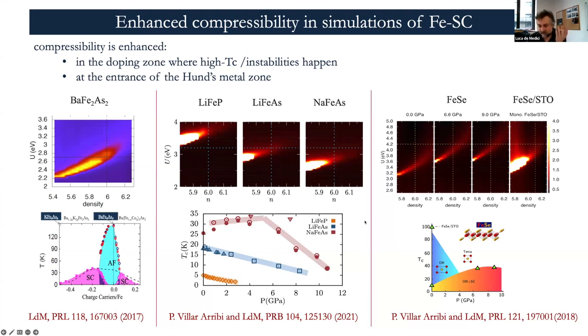And there are several ways to correlate charge instability and the frustration of a phase separation, as we know from cuprates, to the insurgence of Tc, or at least helping the Tc, as it might be the case for iron selenium or the monolayer of it, in which the boost can happen either directly through critical density fluctuations, or through the increase of electron-phonon coupling, which seems to be playing a role in iron selenium.